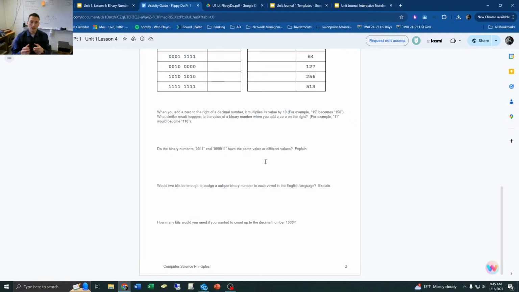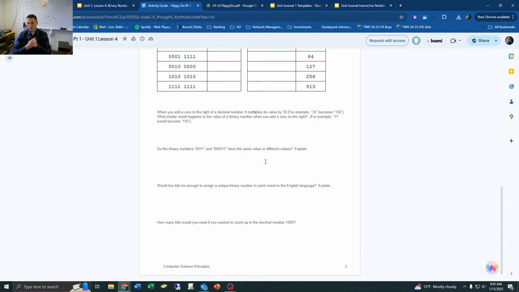So since there are 5 vowels in the English language, A, E, I, O, U, we would actually need 3 bits to represent all of the vowels in the English language.